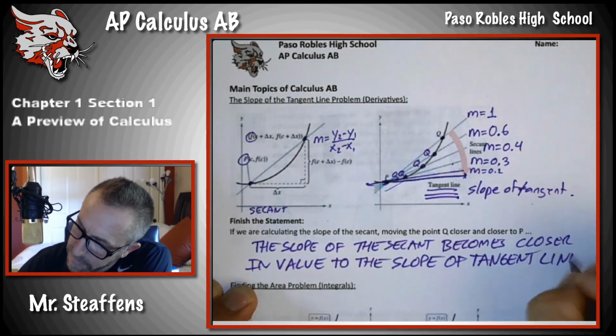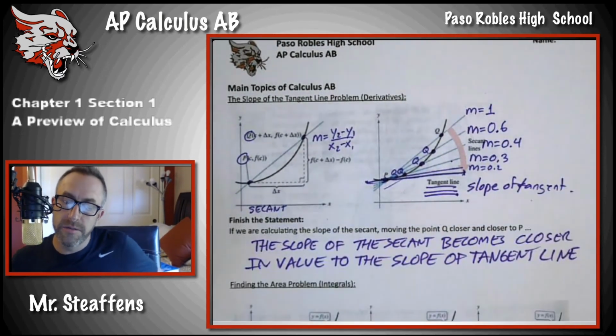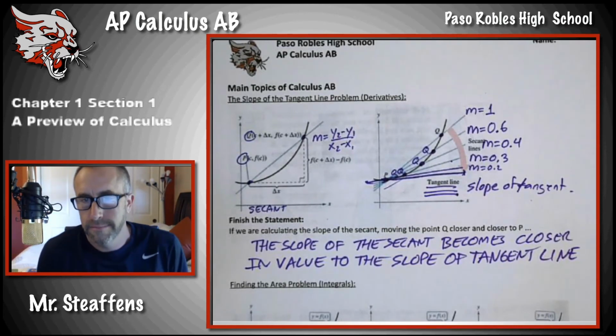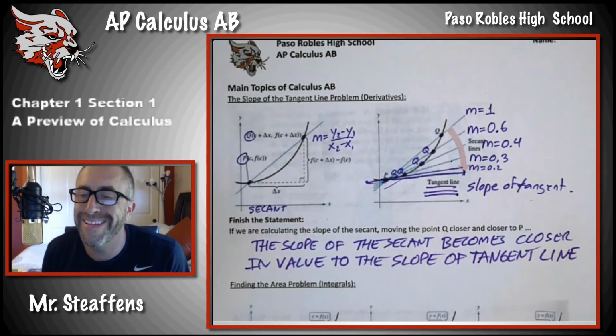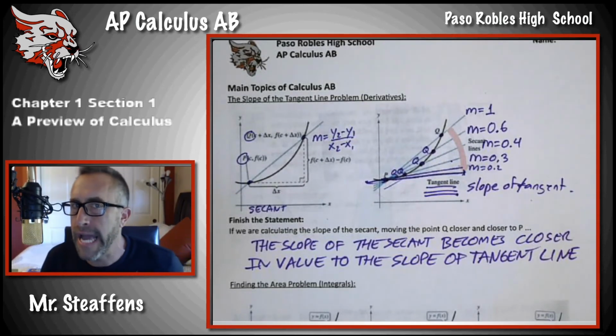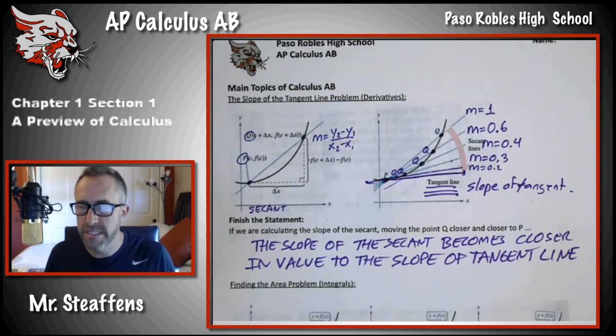Yep. Until it's infinitely close, and then it is going to be infinitely correct. Right? We will be able to find the exact slope of the tangent line, even though we're not exactly at the tangent line. It's crazy stuff.